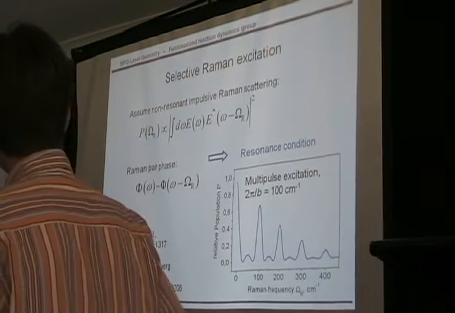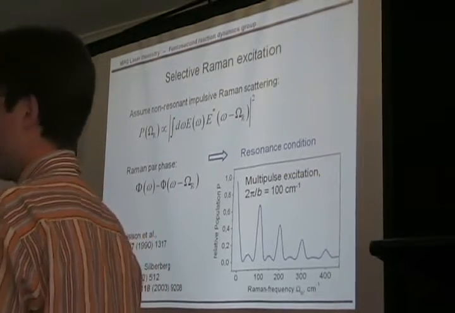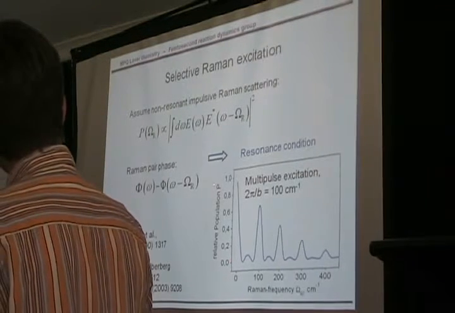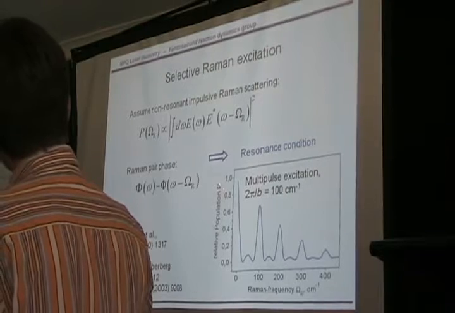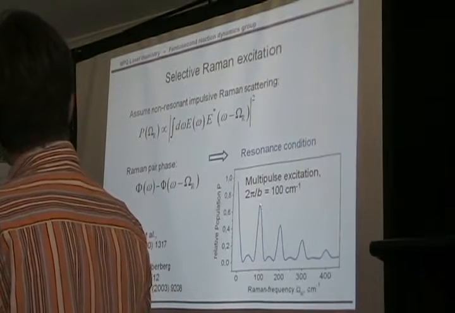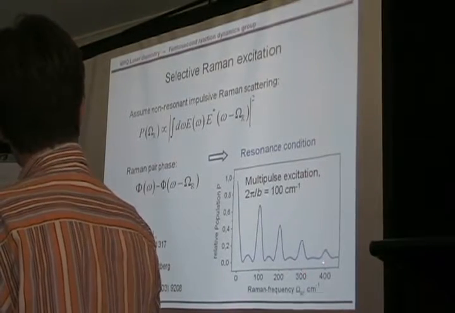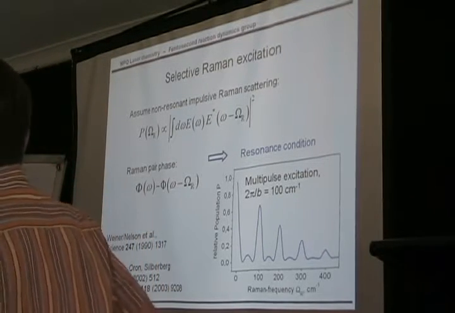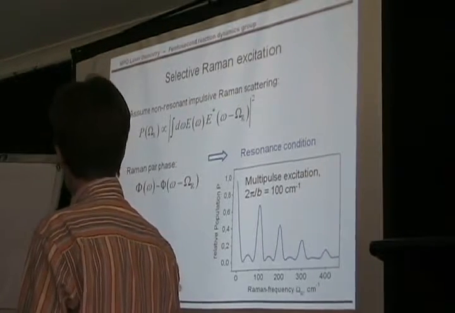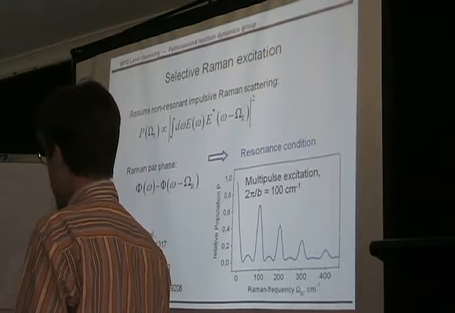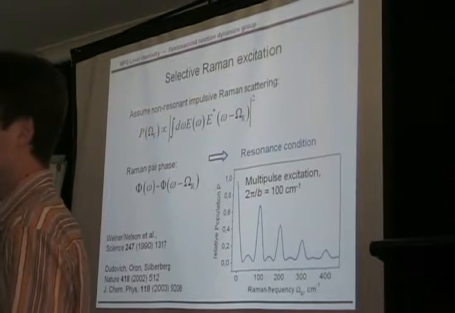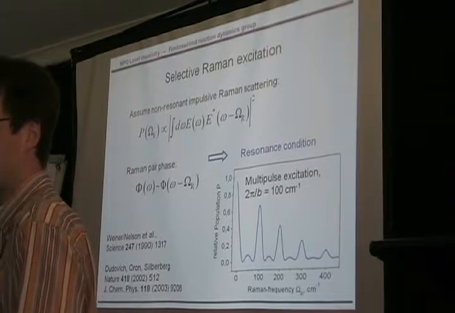Then you will have interference of these sinusoidal phase modulations, leading to a modulation of this excitation probability or population that selects certain Raman levels. And this is a mechanism that has been well worked out especially by the Silverberg group. So Silverberg has done many, many nice experiments with non-resonant multipulse excitations.